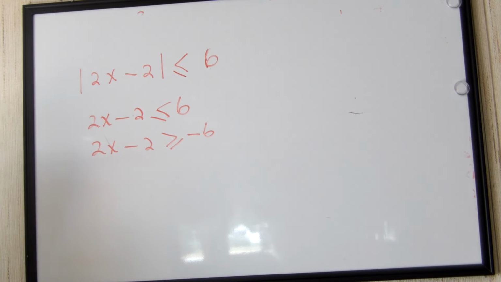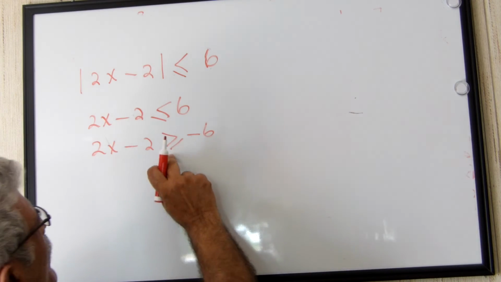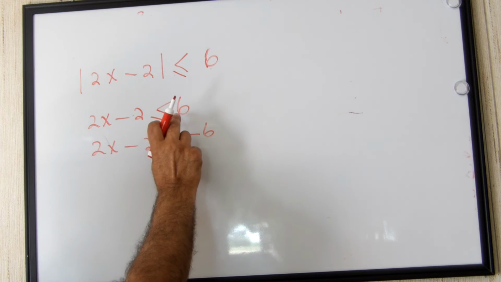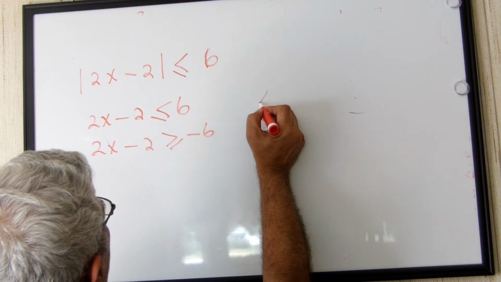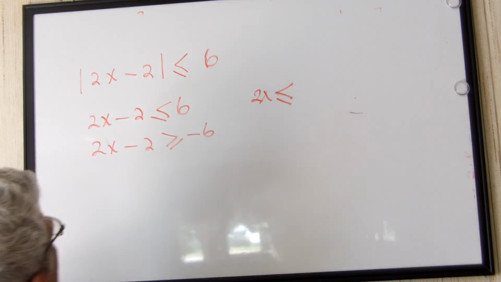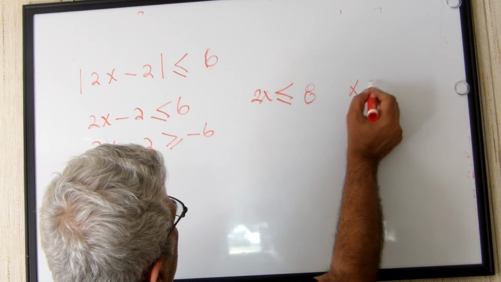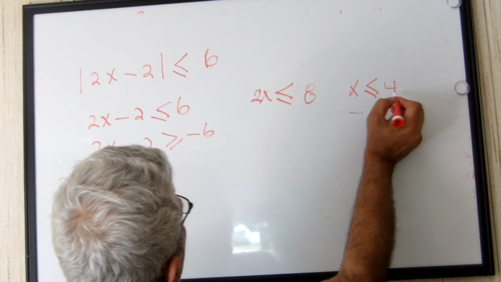That we talked about. When we have an inequality sign, the sign of this inequality is going to change. It's going to be less than or equal to 6, and greater than or equal to. So here, 2x: the 2 is going to go to the other side, it's going to be 8. So x is less than or equal to 4.